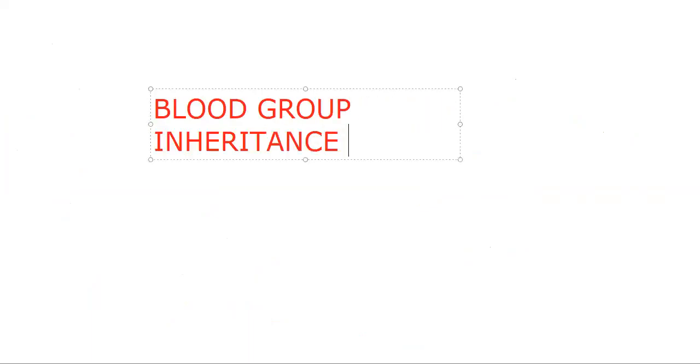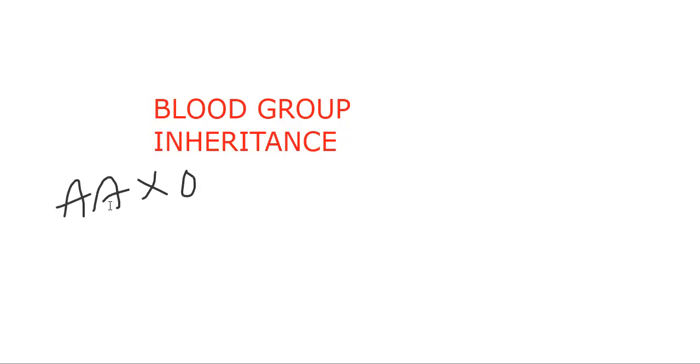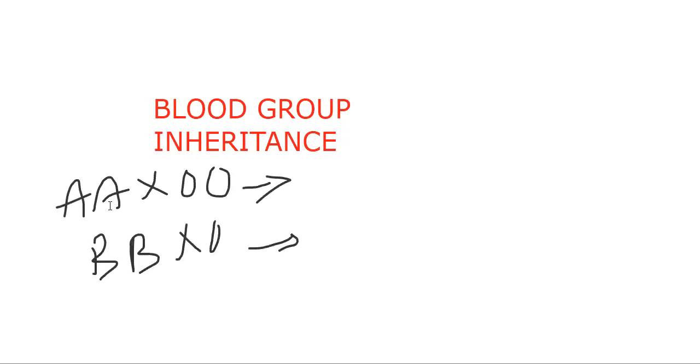Blood group inheritance follows both. It follows Mendel's law of dominance when A blood group is crossed with O and B blood group is crossed with O. 100% A will come, 100% B will come.